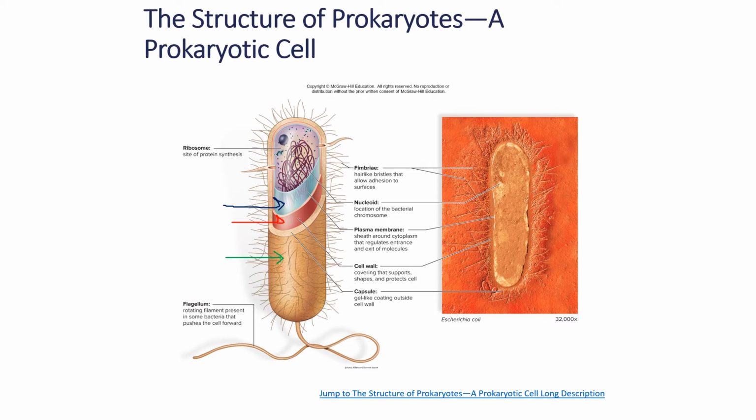Another structure that helps with that are these little hair-like structures. They're called fimbriae. And fimbriae also help with attachment to host or each other. The nucleoid is a special word for the DNA inside the prokaryotic cell.